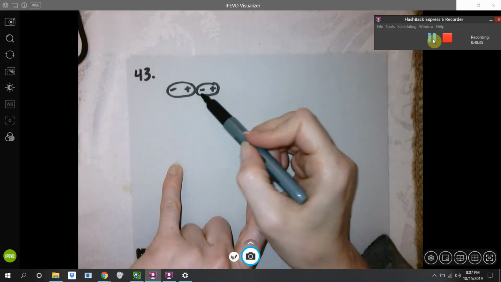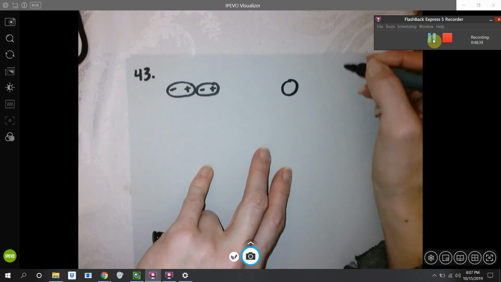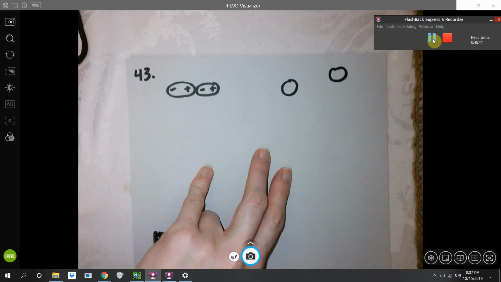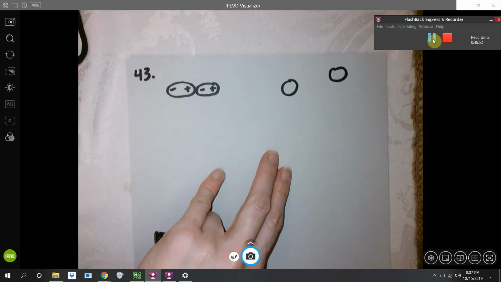Positive and negative sticks together. When we've got nonpolar molecules, they don't stick together. There's no attraction between them. They're just not paying any attention to each other.